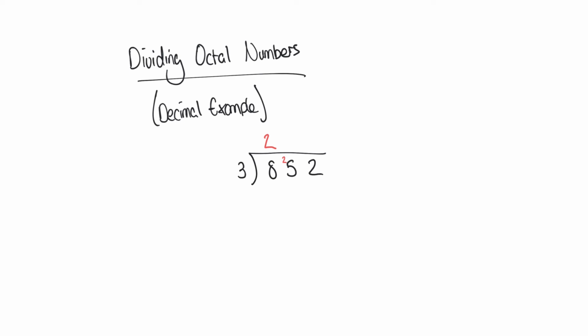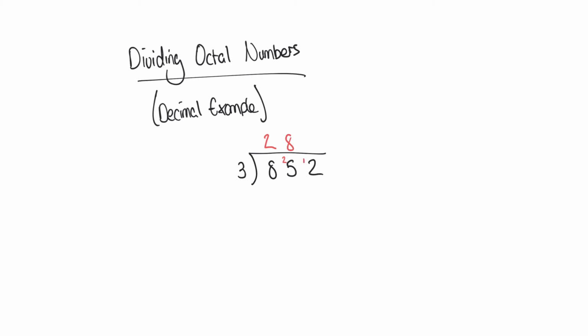So what you'll notice is when we've carried that remainder, we've sort of attached it to the start of the next digit, and so 5 has become 25. So our next division is not 5 divided by 3, it's 25 divided by 3. So how many times does 3 go into 25? The answer is 8. And we're left with a remainder of 1.